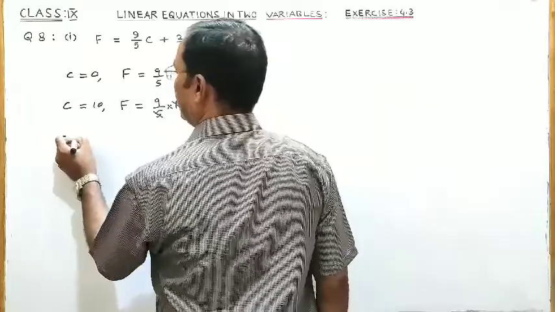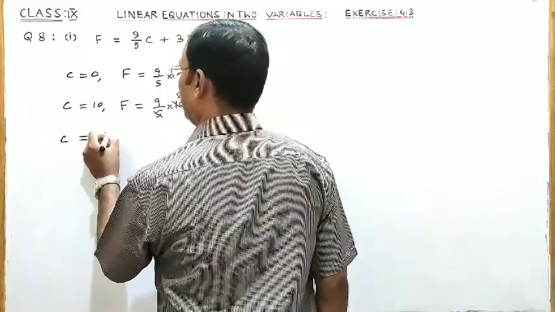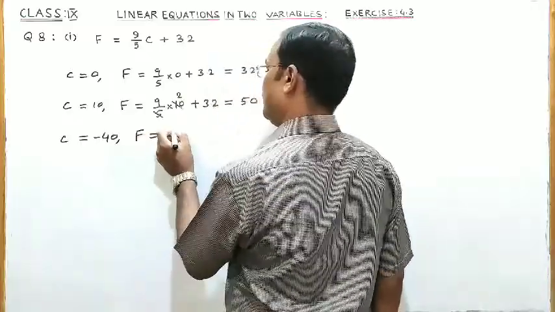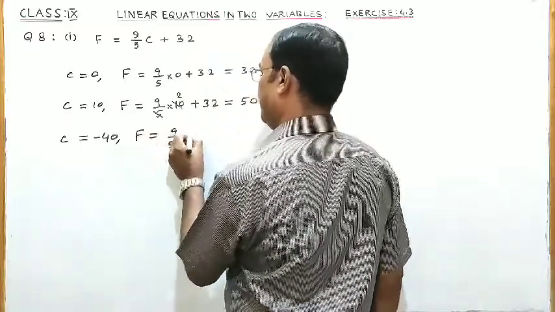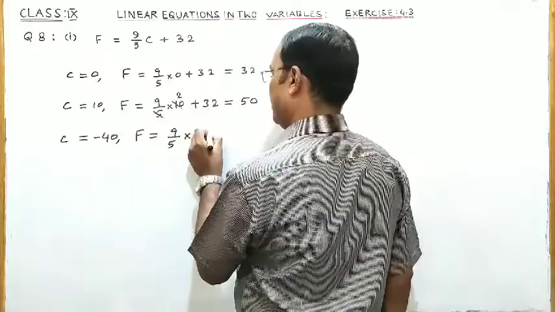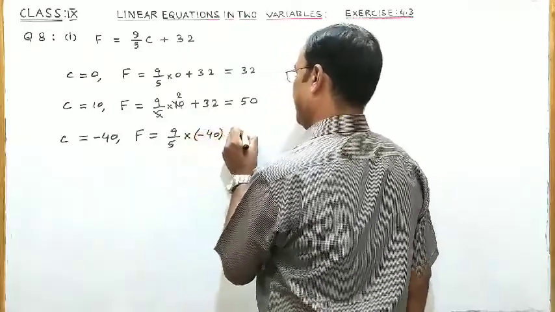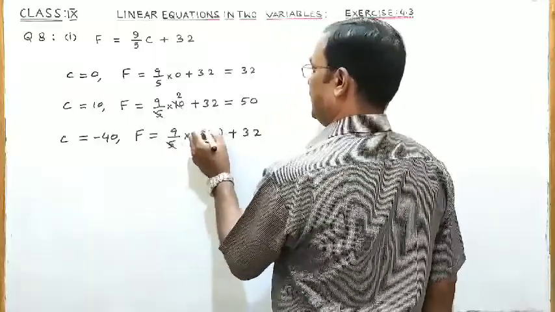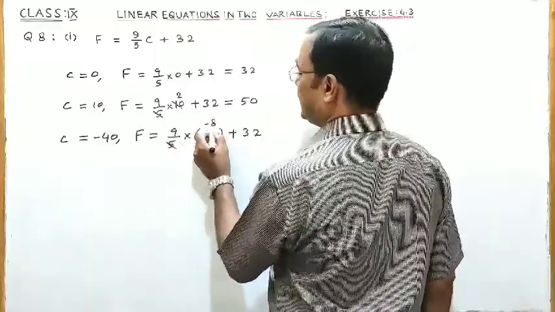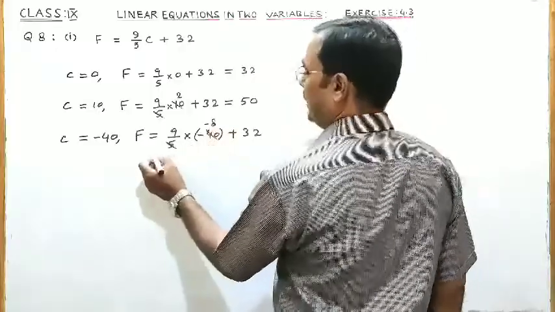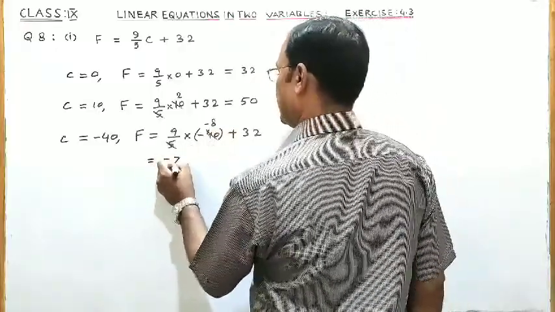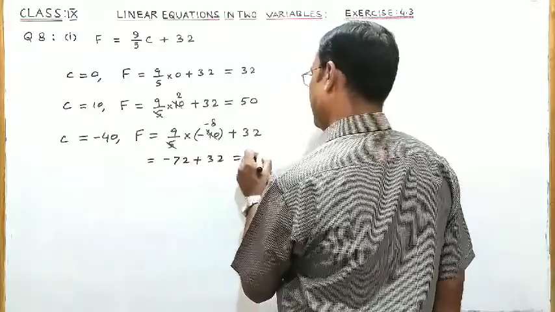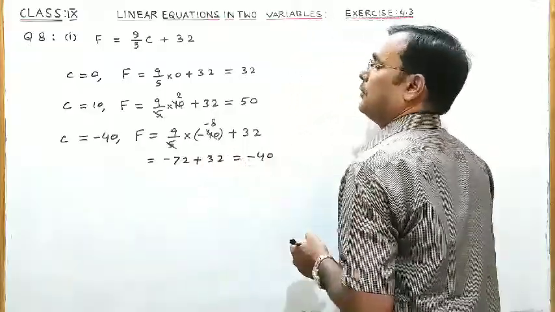When you take C equal to minus 40, then F is equal to 9 by 5 into minus 40 plus 32. 5 eights are 40, so minus 8 into 9 is minus 72, plus 32 is equal to minus 40.